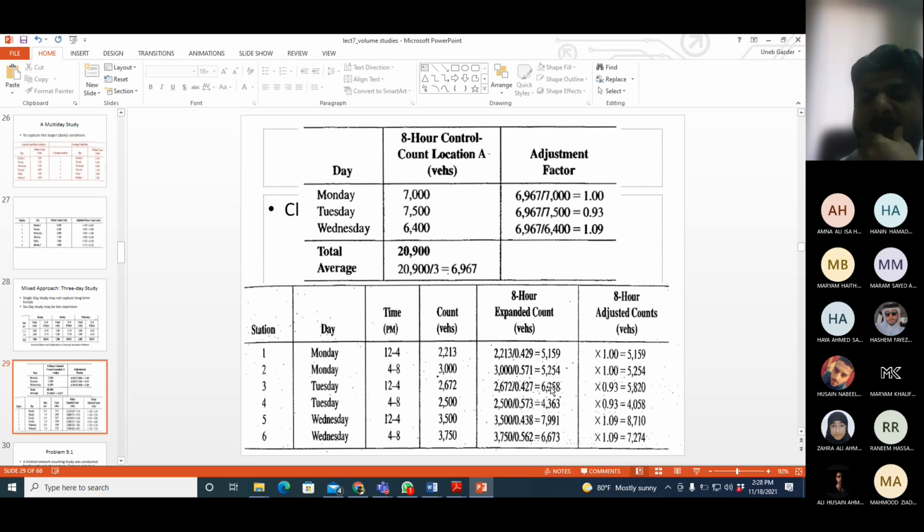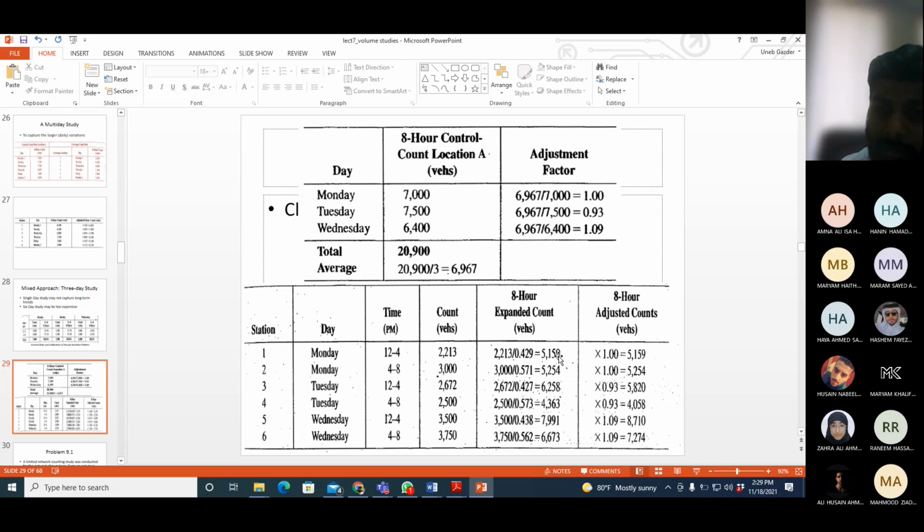Now this is an 8-hour count, but it is still an 8-hour count for a specific day. Location 1 and 2 is for Monday, 3 and 4 is for Tuesday, and so on. To convert the count of a specific day into the average of the week, you multiply with the adjustment factor, like we did for the last example.